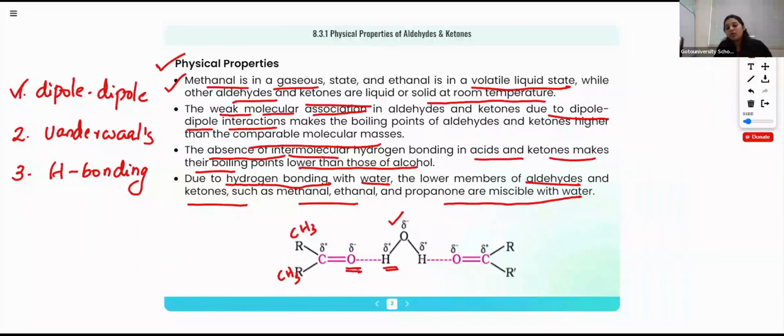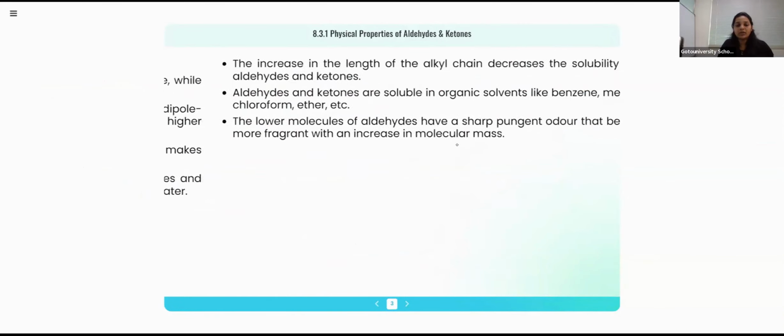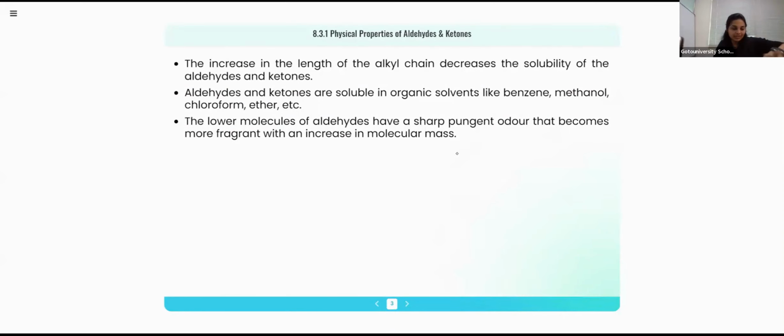So the water molecule can make a hydrogen bond with the oxygen atom of the corresponding ketone. That's why they are miscible with water. Understood? Any doubts? If you have any doubts, you can ask me in the question and answer session. You can type the questions, and I will answer them.